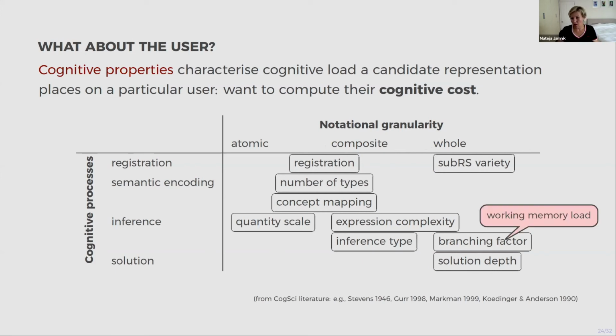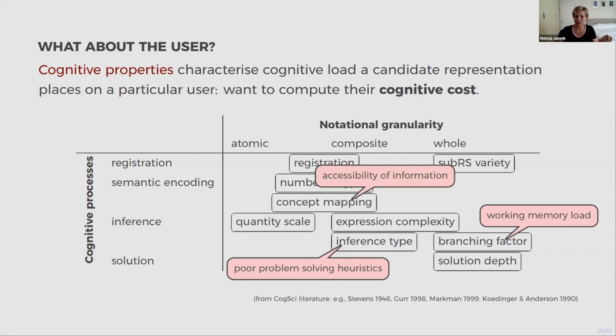So for example, the branching factor would very much affect the working memory load that this representation would place on the user. If the user has poor problem-solving heuristics, but the inference type is very complex, then obviously this would not be a good match, and this inference type would carry a very heavy load for that particular user.